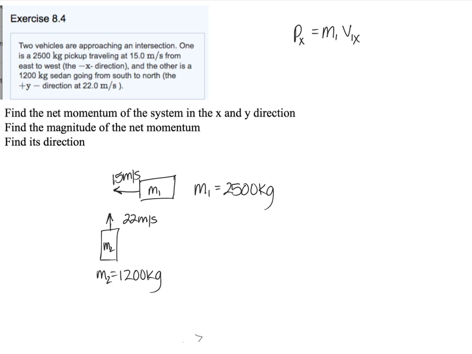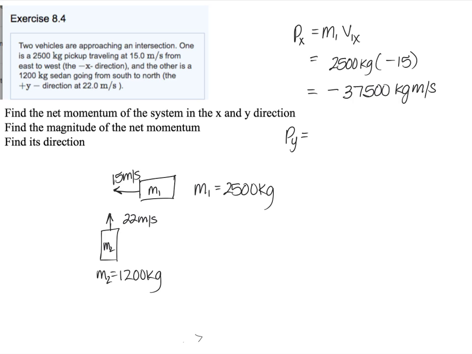So for mass 1, which is the truck, its momentum in the x direction is its mass, 2,500 kilograms, times its velocity, which is minus 15, because it's a vector, we have to use that. And so this gives us a net x momentum of minus 37,500. We don't have any clever units for momentum. We just call them kilograms meters per second.